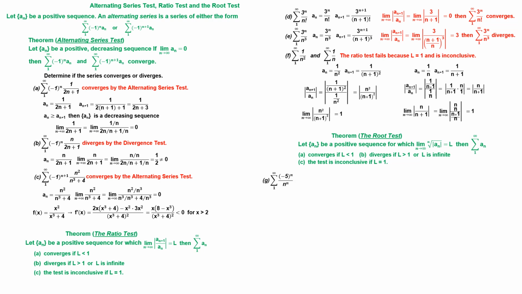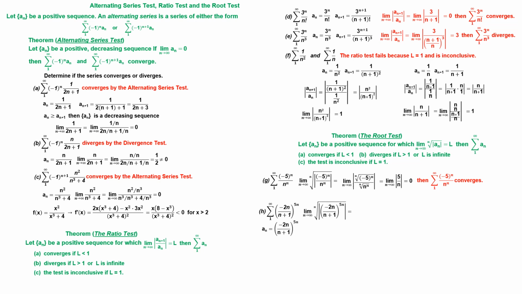To solve item G, we identify the sequence and we can directly apply the root test. As this limit is less than 1, the series is convergent. To solve item H, we identify the sequence and we can directly apply the root test.